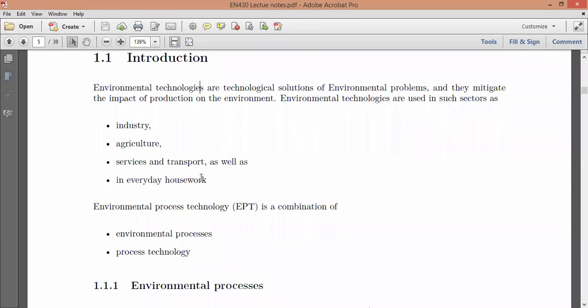And specifically, environmental process technology. This is a combination of environmental processes as well as process technology. Especially in our country, we don't really have a degree in process technology. I doubt there is.